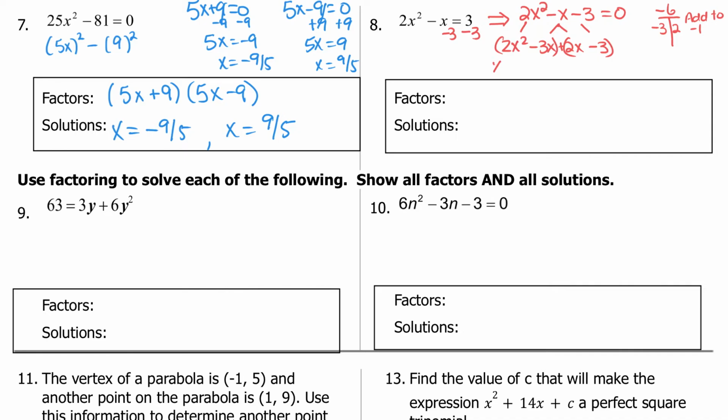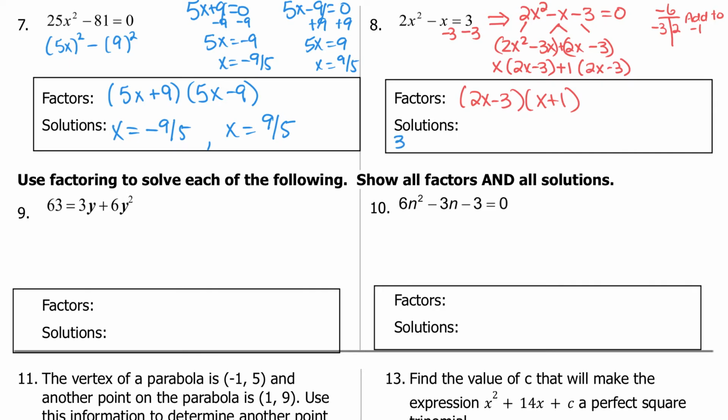So your first group and your second group. The first group I can divide out an x, and then I'll be left with 2x minus 3. The second group, there's nothing you can divide out of that, but remember, you can always divide by 1, and so then you'd still have 2x minus 3. So your factors are 2x minus 3 times x plus 1. Now we're going to have to set those equal to 0. Okay, so I'm going to do that right here.